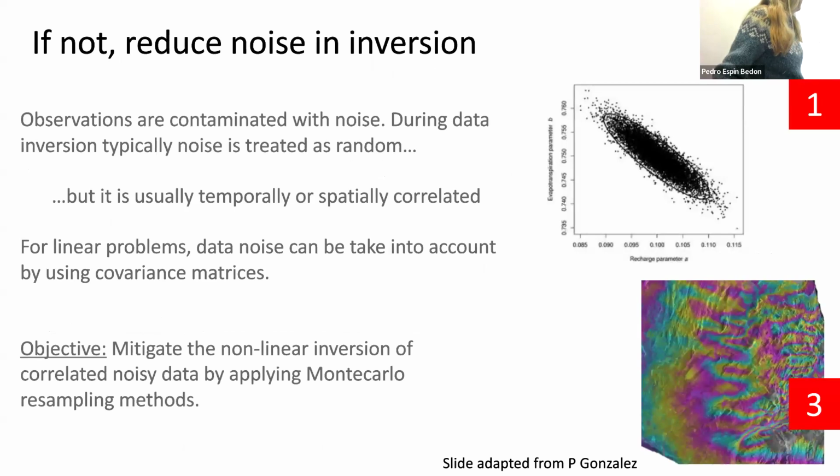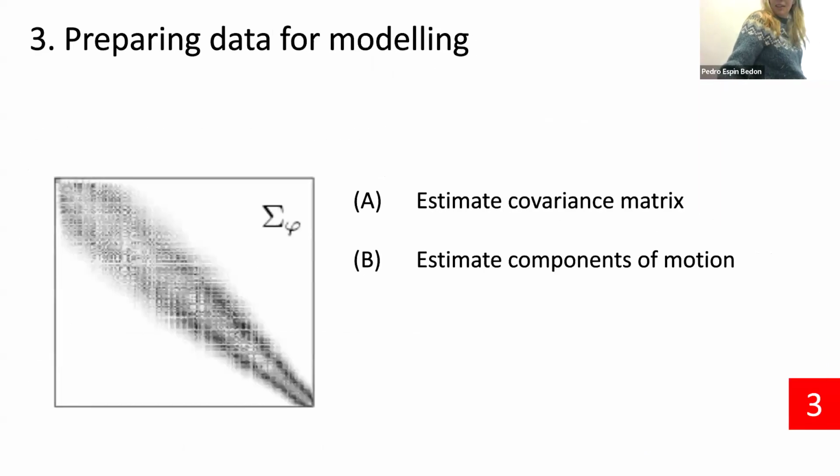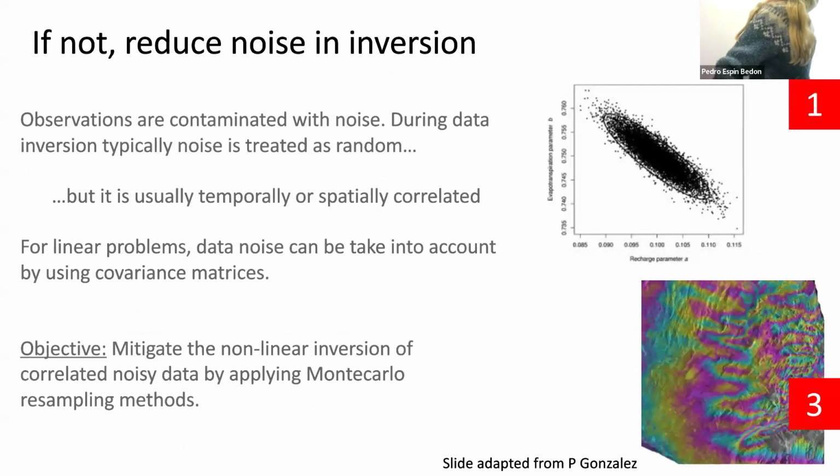The other way to handle it is to reduce the noise during the inversion when you're modeling your data. We would expect any observations to be contaminated by noise to some extent. Typically we can treat that as random, but actually it's temporally or spatially correlated in reality. If you have a linear problem, data noise can be taken into account using a covariance matrix.